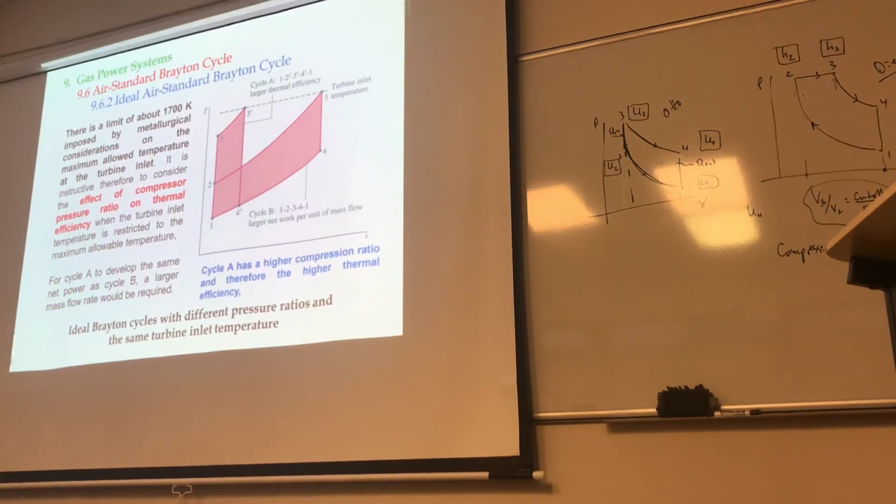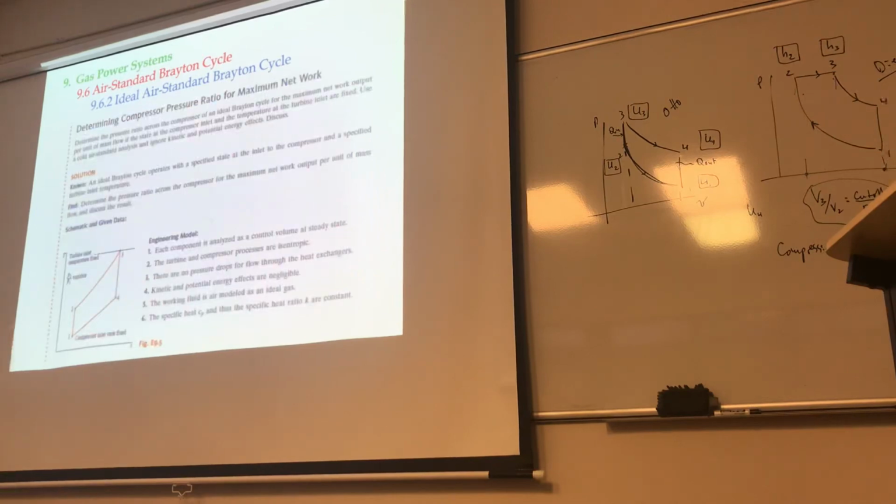I gain one thing, but I'm not going to gain much heat. So if I have a specific amount of heat that I need, the only way to make up for this reduction is to increase the mass flow rate, just to make up for that, okay? It says cycle A has a higher compression ratio and therefore a high thermal efficiency. So this is just to kind of see that, and I'm not even going to deal with this example here.